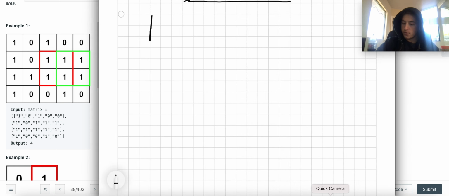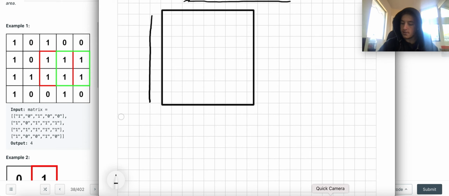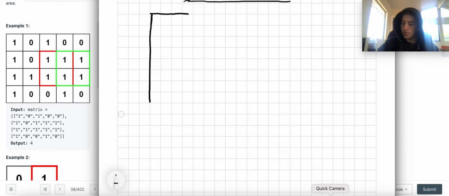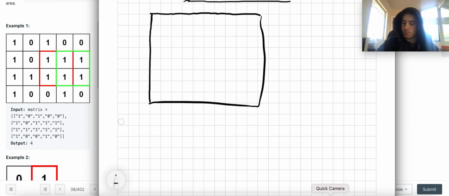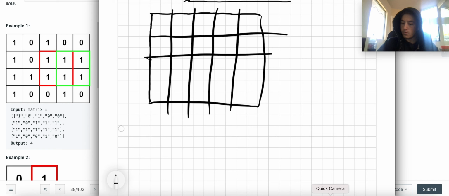Make me a square. That's not even nearly the square I wanted to draw, because I did 1, 2, 3, 4, 5. Whatever. Okay, so we have 1.